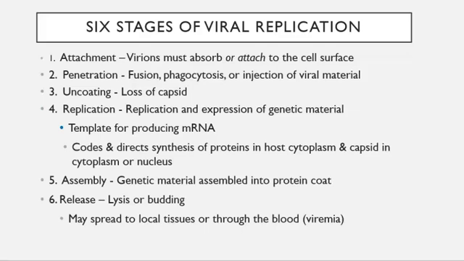The genetic material is assembled into the protein coat. And number 6 is the release, by lysis or budding, and it may spread to local tissues or through blood. So this is where the virus actually starts to spread beyond the cell that's being affected.